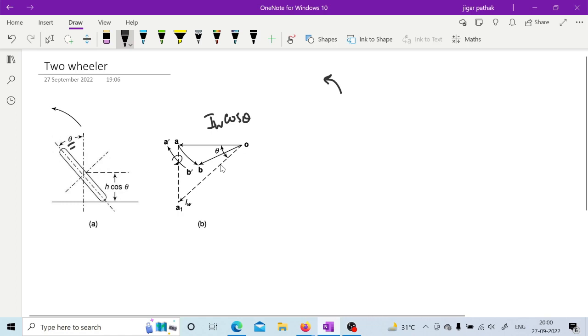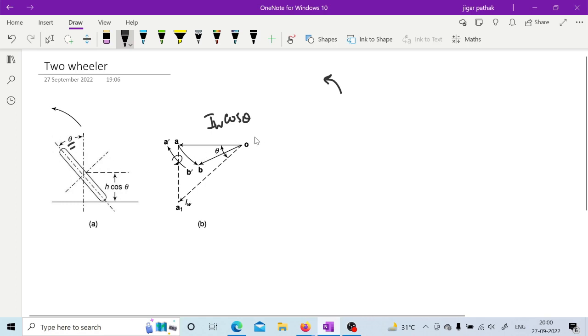So you also have to have an idea about this angle theta, which is also known as the angle of heel. You provide it to avoid skidding of the vehicle. You have to see what angle must be provided in order to avoid skidding of the two-wheeler while taking a turn.